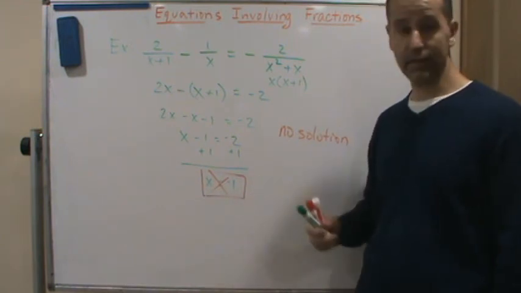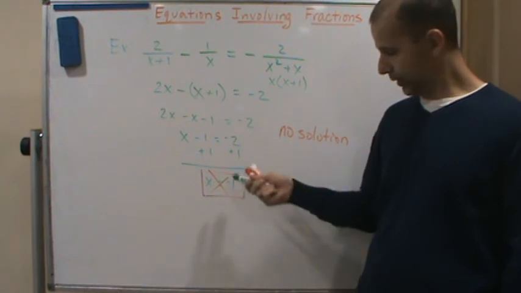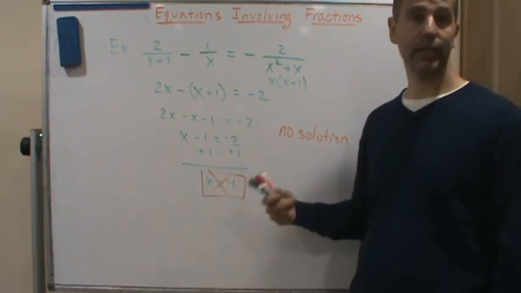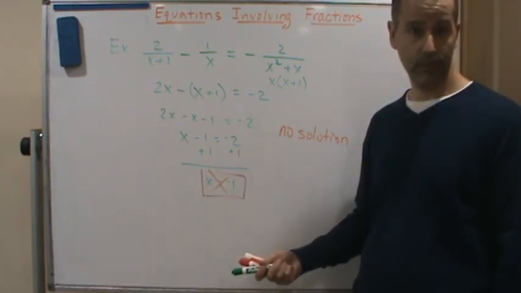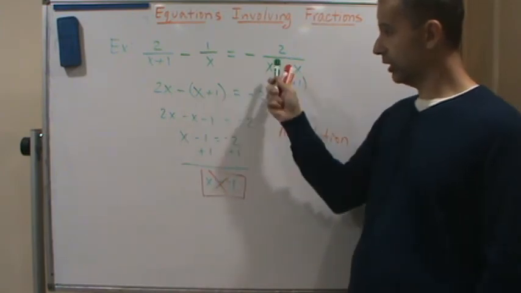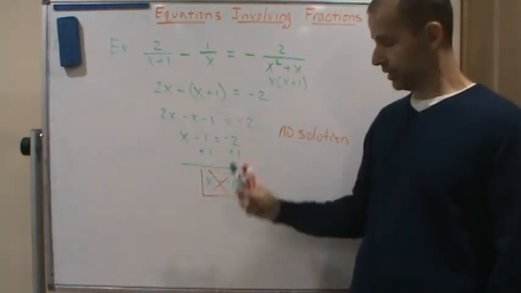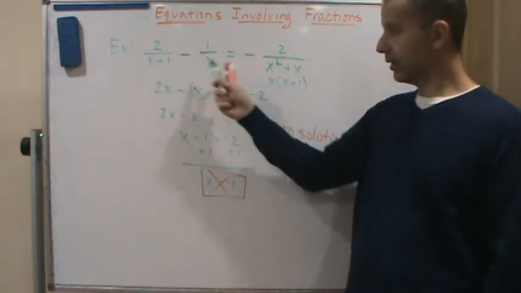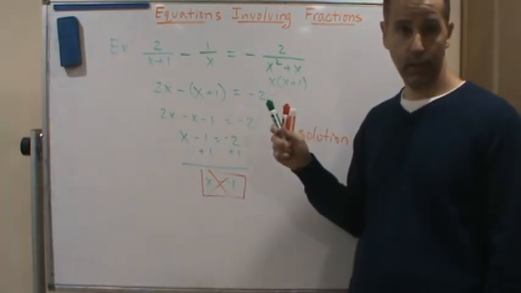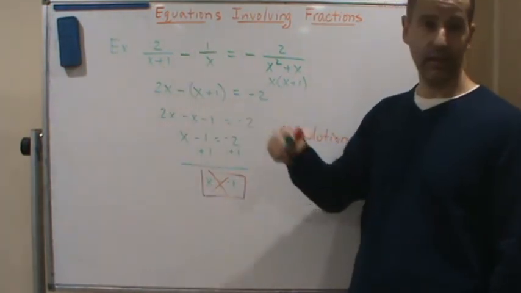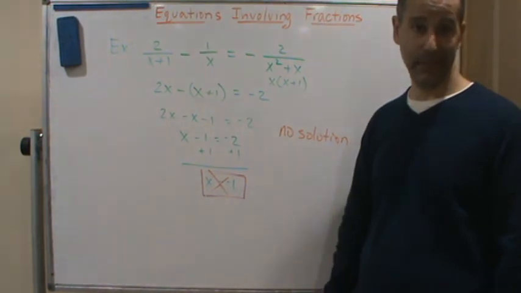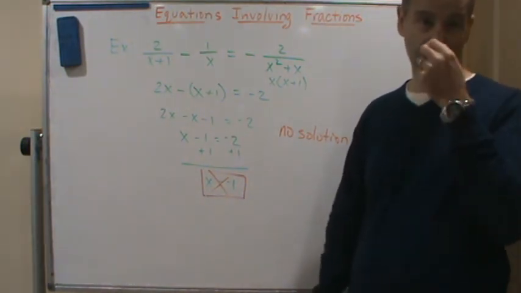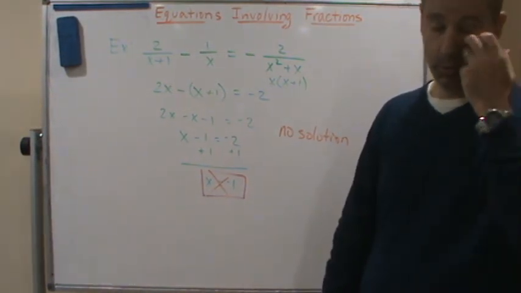Like in this case. When this happens, we call these extraneous solutions, because they're solutions for the way we did it, but they don't solve the original equation. You end up getting, for example, 0 in the denominator, or negative under a square root.